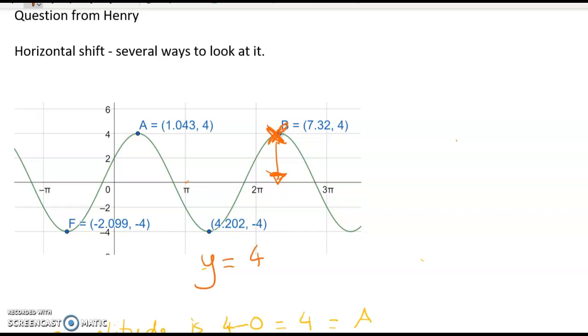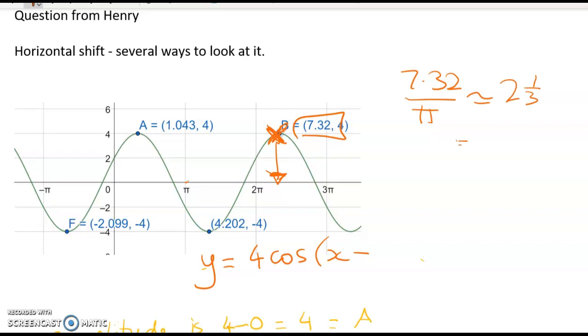So it would be y is equal to 4 cosine of x minus, now this number here, 7.32. 7.32 over what? Let's see. 7.32 over pi, to work out what fraction it is, is equal to 2 1/3, which is 7/3, 7 over 3.